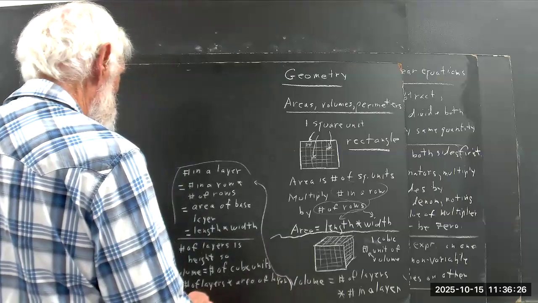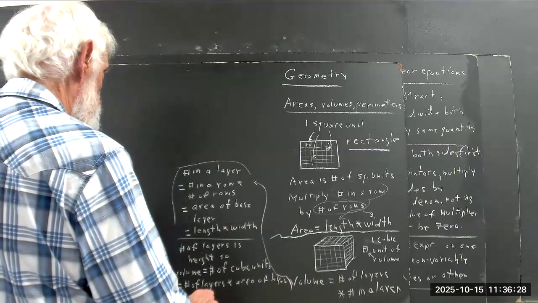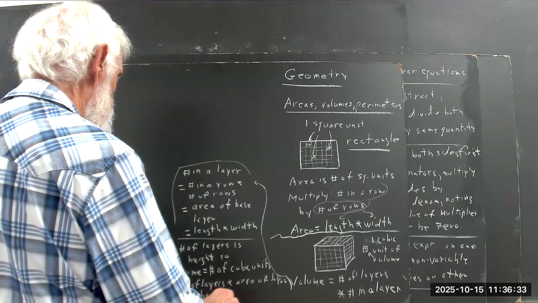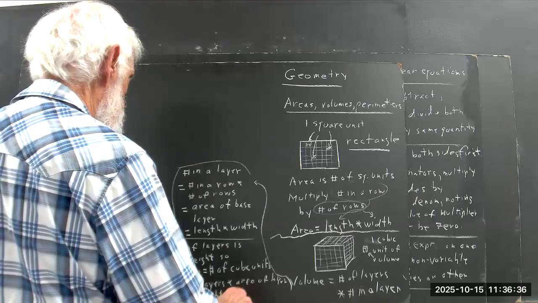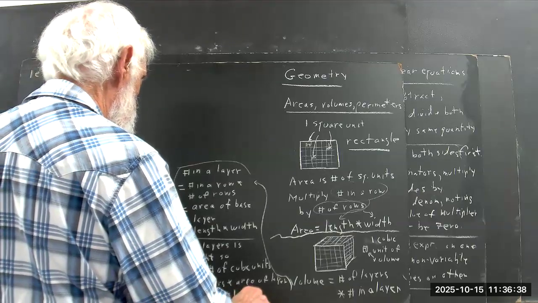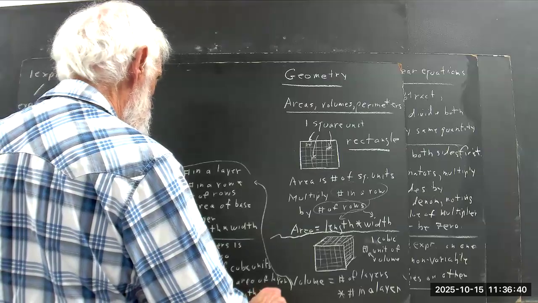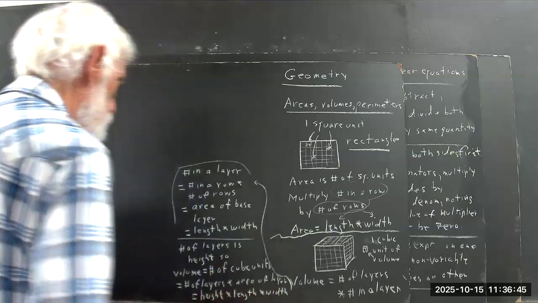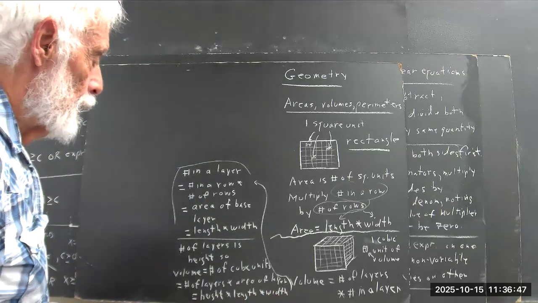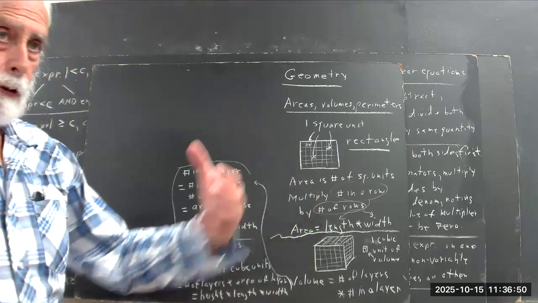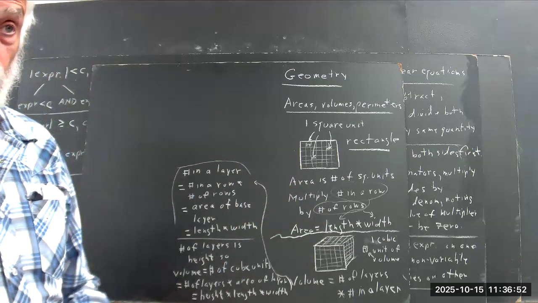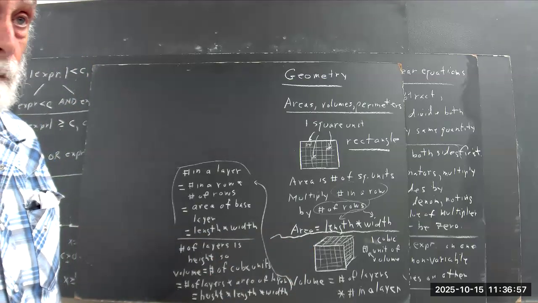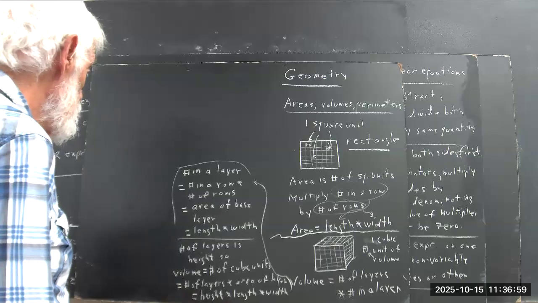Number of layers times the area of a layer, which is height times length times width. So it's very easy, if you know the height, the length, and the width, to get the volume of a rectangular solid. Okay.